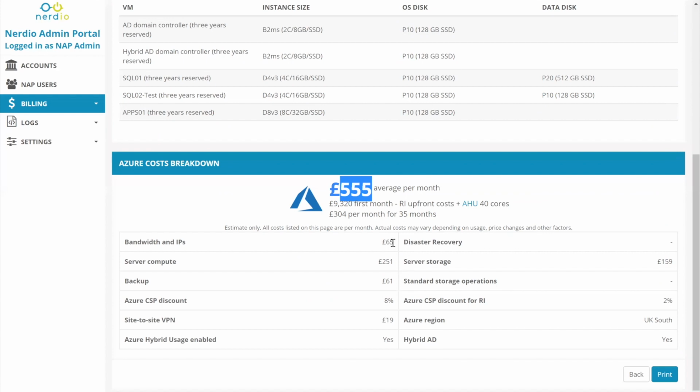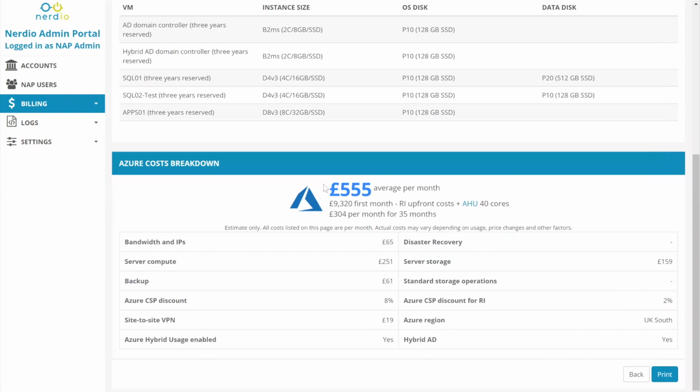So this is how much bandwidth is, this is how much server compute is, this is how much a backup is, this is what the server storage is going to be, this is how much site-to-site VPN is, and then all of the other assumptions we made, such as hybrid AD, the Azure region, CSP discount, whether we're using hybrid usage, etc. So all of that is also reflected here.